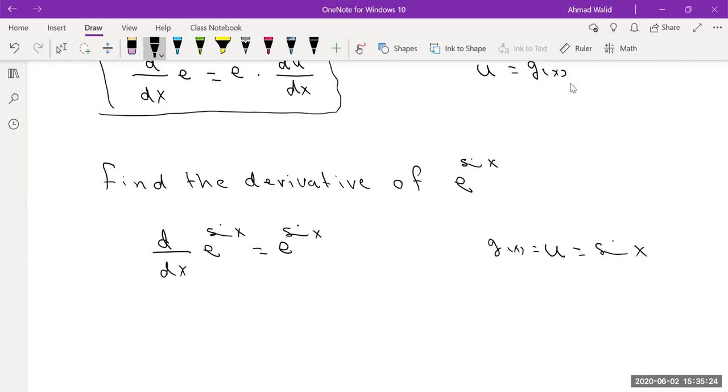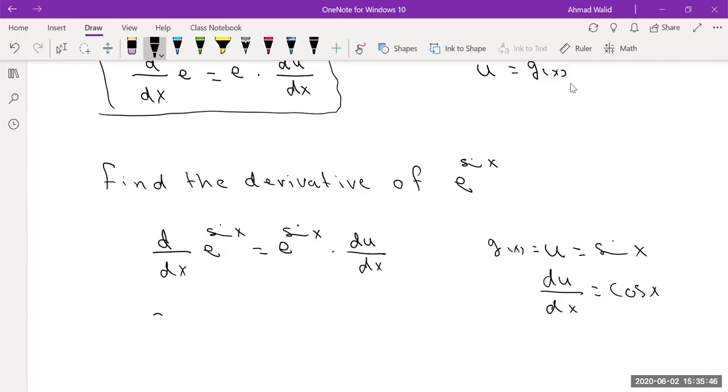It means e to the sine x times du over dx. What is du over dx of sine x? The derivative of u in terms of x. The derivative of sine x is cosine x, right?